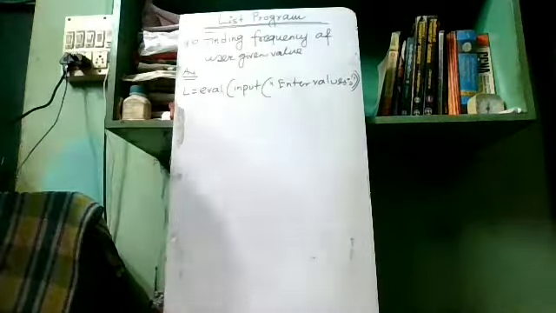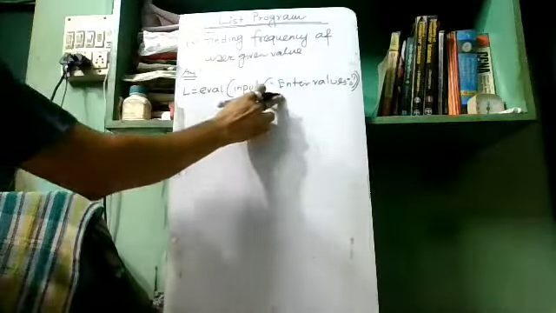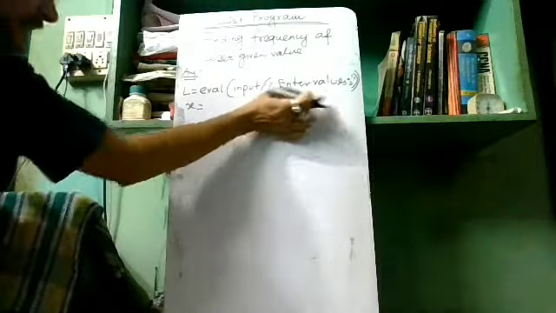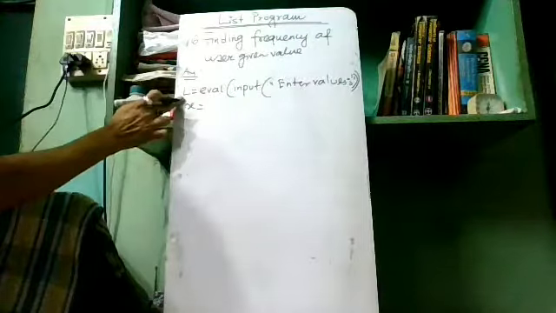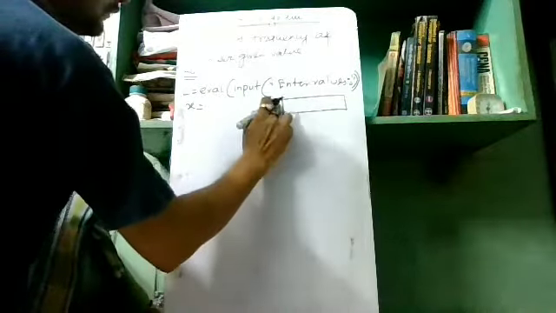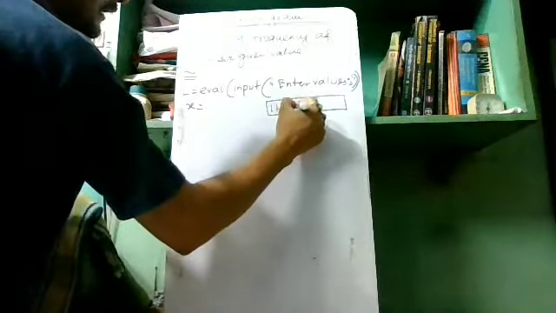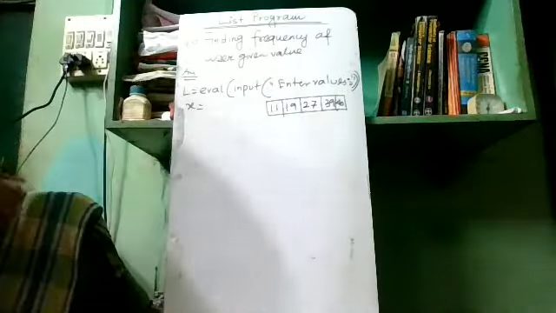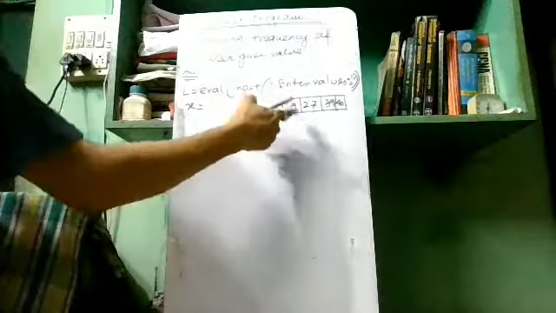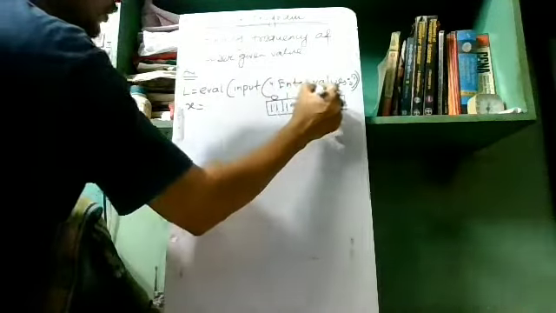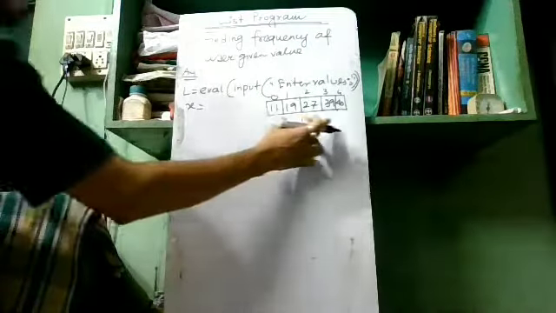Where user is giving value, this entire value will be put into list L. Suppose user has given these values 11, 19, 27, 39, 40. These values are kept in the list. So this is L and indexes are 0, 1, 2, 3, 4. That means total 5 elements.